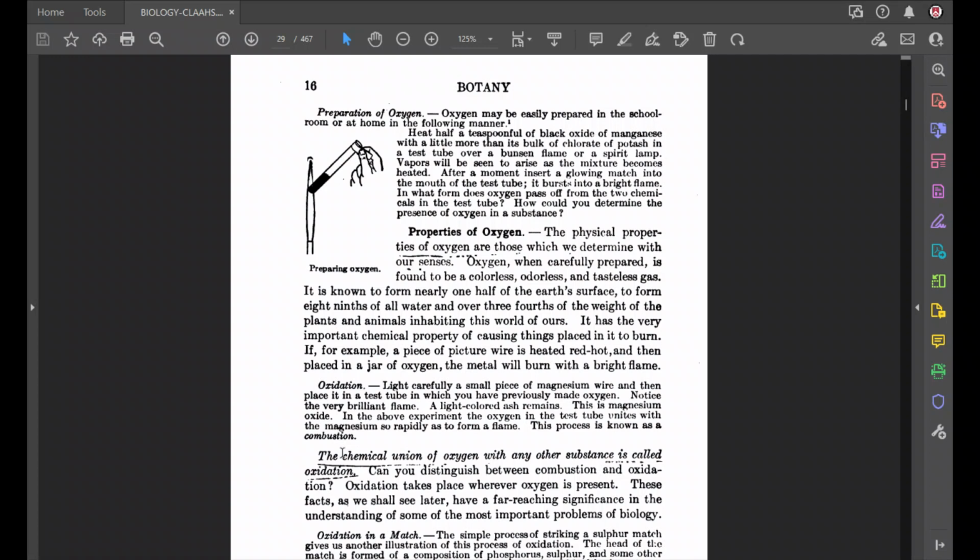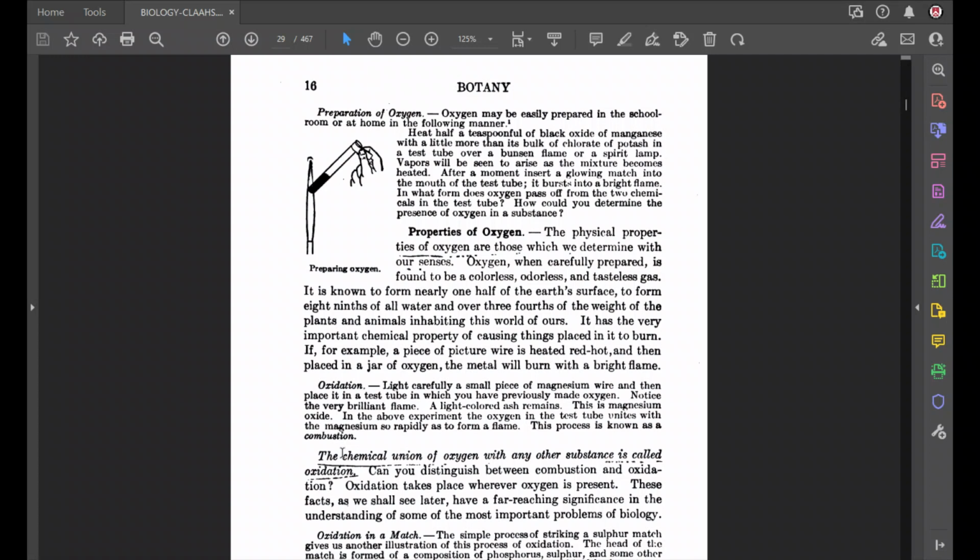It's called a Bunsen burner. So heat this mixture up over a Bunsen flame. Vapors will be seen to rise as the mixture becomes heated. After a moment, insert a glowing match into the mouth of the test tube. It will burst into a bright flame.